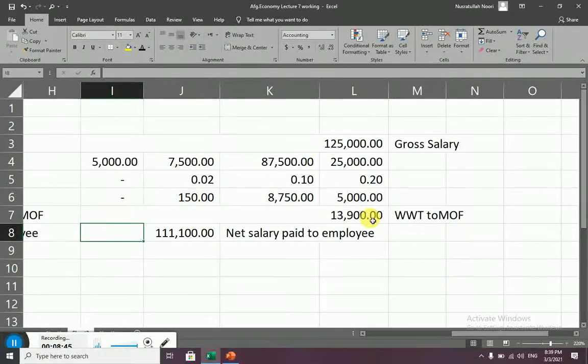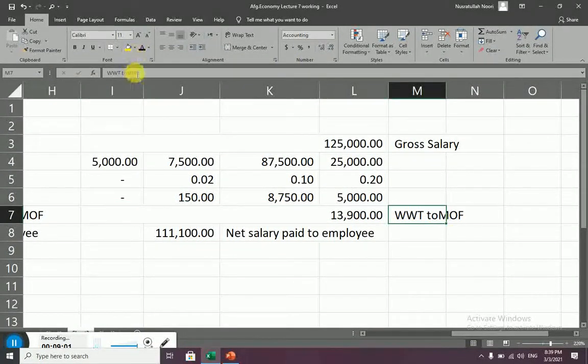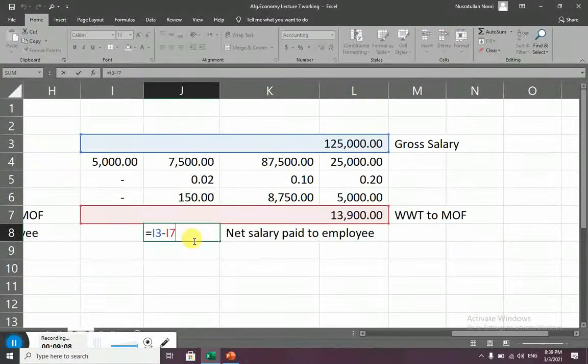This 13,900 is basically the wage withholding tax of an employee whose salary is 125,000. So this 13,900 will be its wage withholding tax. It will be paid to Ministry of Finance, and the remaining amount, which is how much? 125,000 minus 13,900.